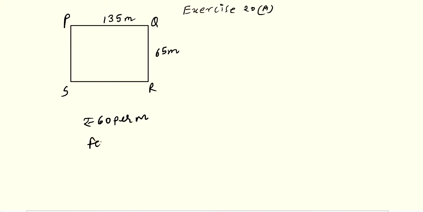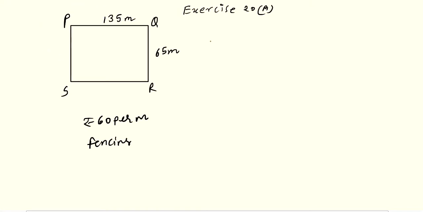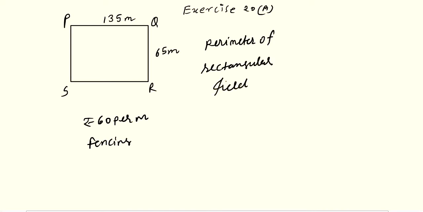So what does fencing mean? Fencing means we are covering this rectangular field totally from outside to protect that field. Now, as you know, the perimeter of a rectangular field equals 2 times (length plus breadth).